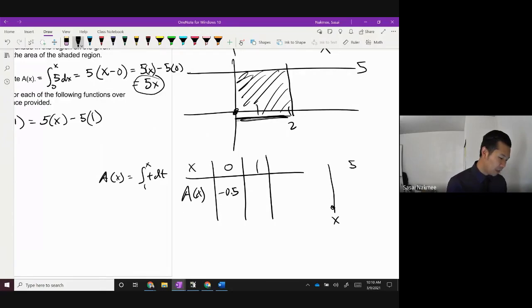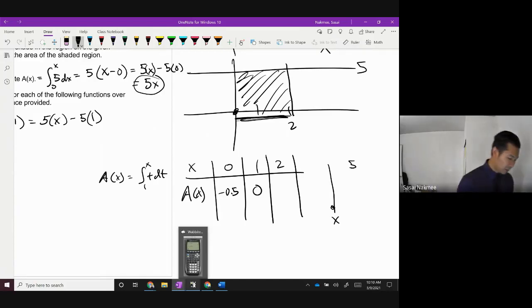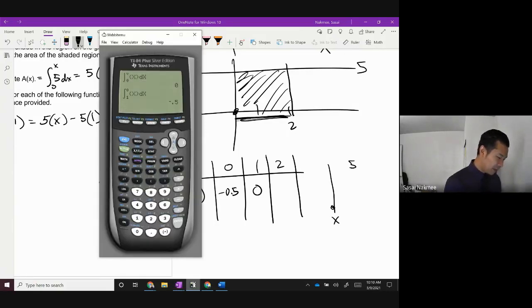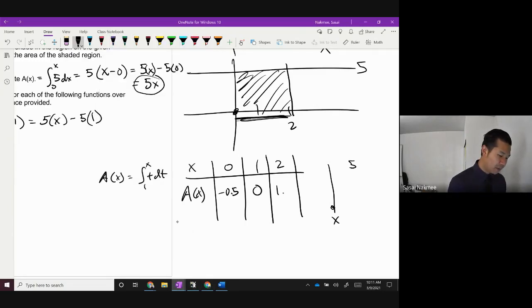From 1 to 1, that would be 0, and then do it for 2, and so on. Math 9, from 1 to 2 of x dx, and we have here 1.5.